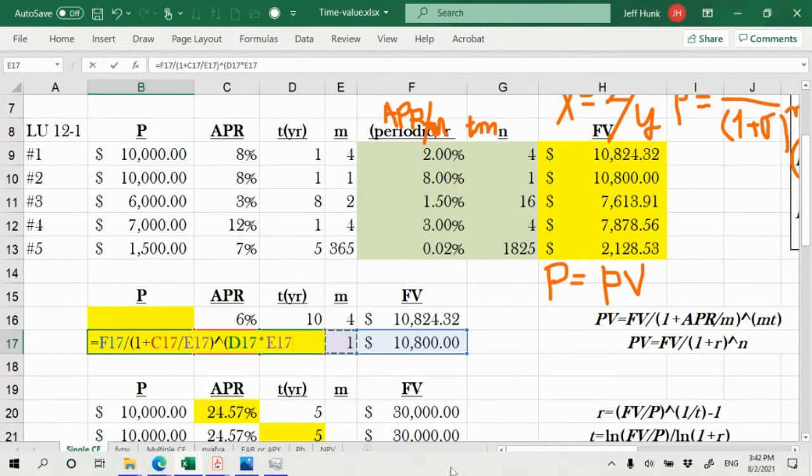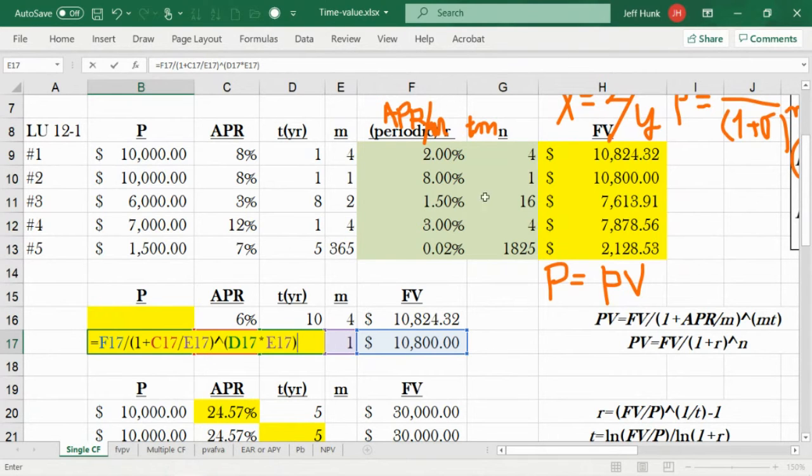You can do it like this, or you can do it with one more column, two more columns. Then it becomes a lot easier, right? Hit enter. What happened? F17, 1 plus C17 divided by E17, APR by N, raised to D17.